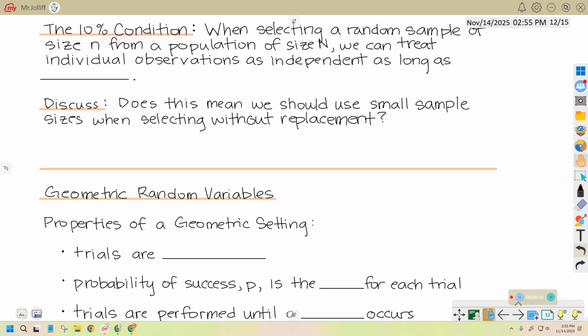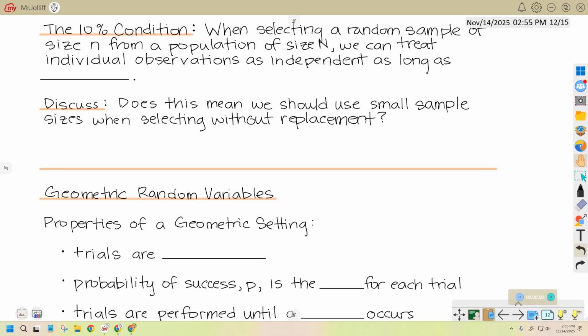So for example, if you sample 30 students at Rancho San Juan, 30 is much less than 10% of 1,500, because 10% would be 150. So you would be fine in treating those 30 people as independent selections from the population.